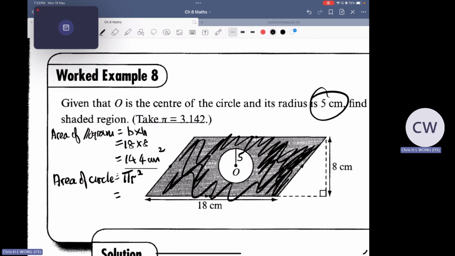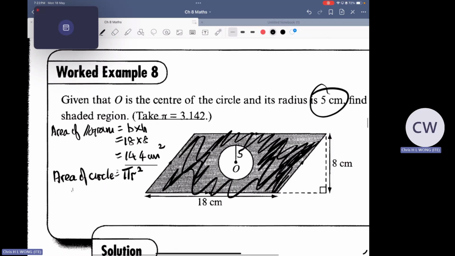So you have equals to 3.142 times 5 squared. Someone give me the answer, please. 78.55 cm squared. I underline because I need it.